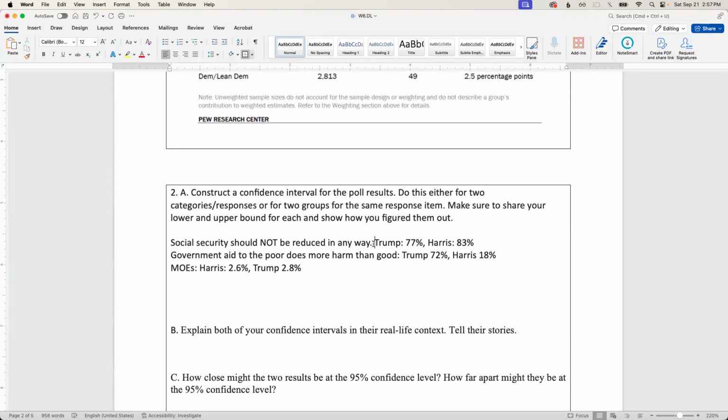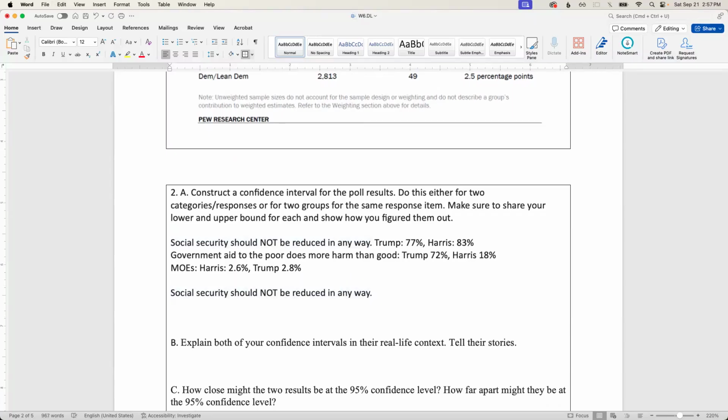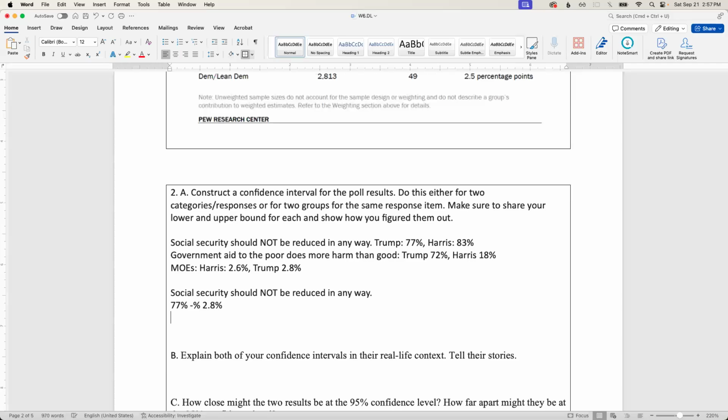So for Social Security, to make my confidence interval, I'm going to take my sample proportion and add and subtract my margin of error. So for Trump, it was 77%, and the margin of error was 2.8%.